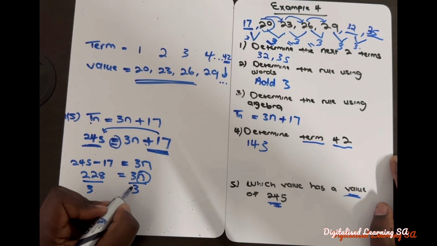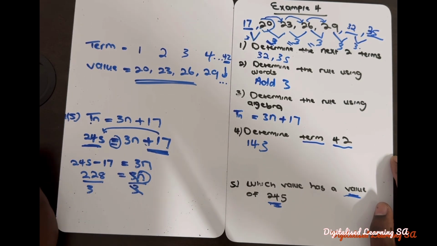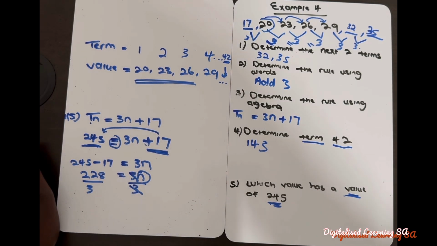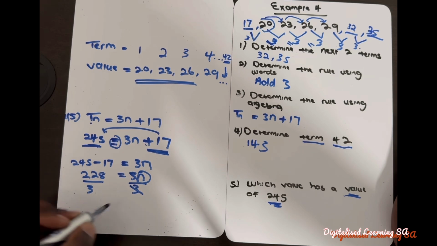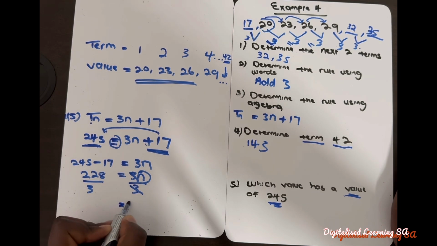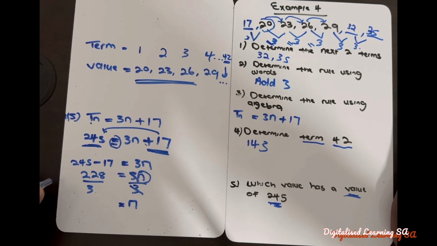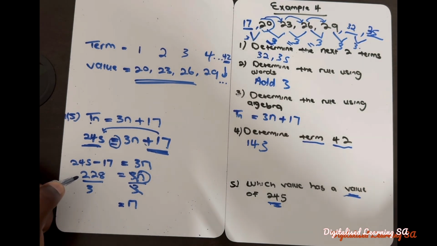So this 3 here will cancel, and we'll remain with n. And then here we need to divide this 228 by 3.